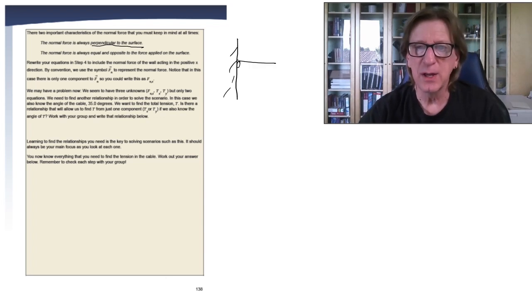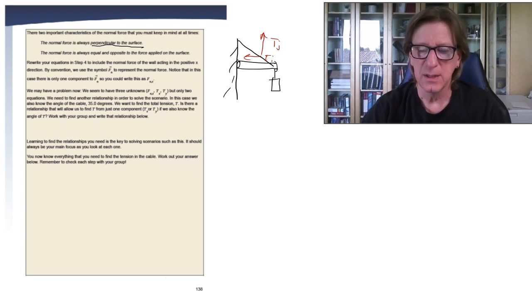So here's my rod, and my sign, and my cable. And now we know that, writing our components, I have Ti in this direction, I have Tj in this direction. That looks like an F, so let's make that a T. There we go. And then, of course, I have my total tension in this direction.